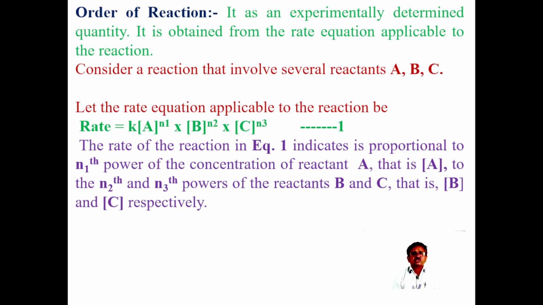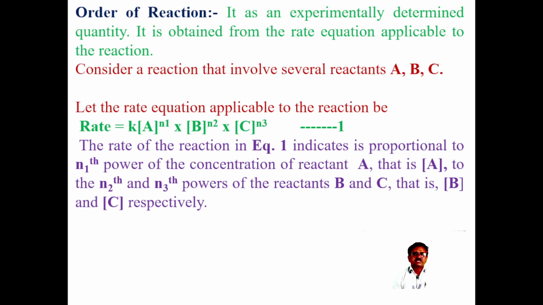So, k [A]^n1, multiplied by [B]^n2, multiplied by [C]^n3. Means these are the molar concentrations of A, B and C raised to n1, n2, n3 respectively.